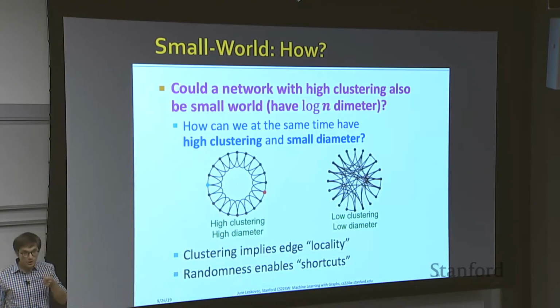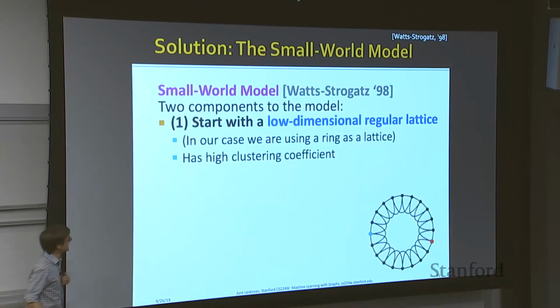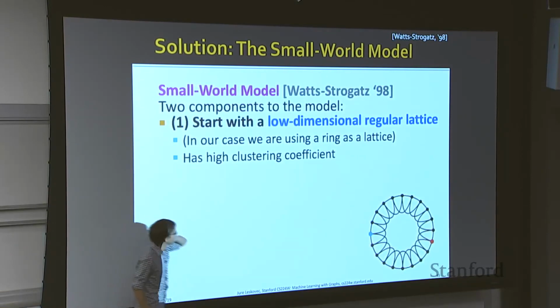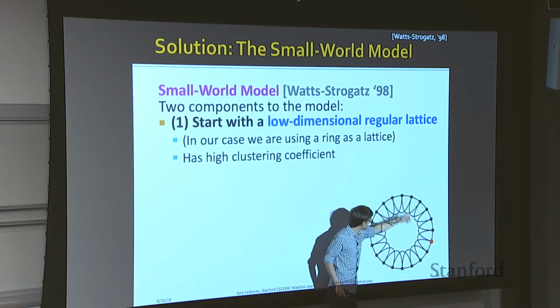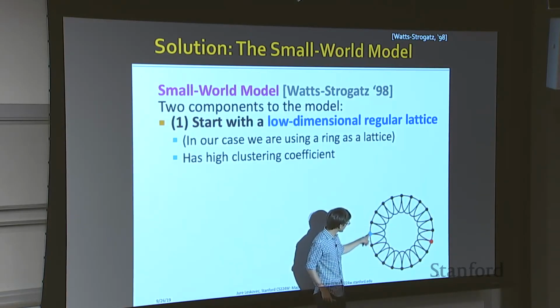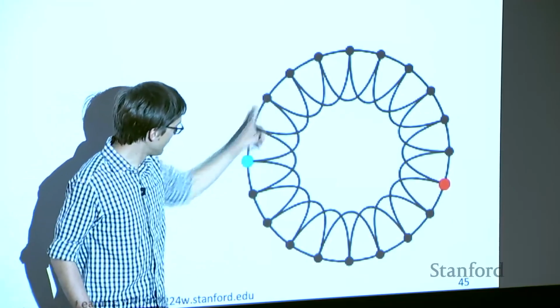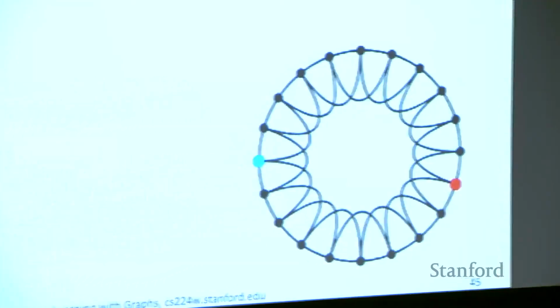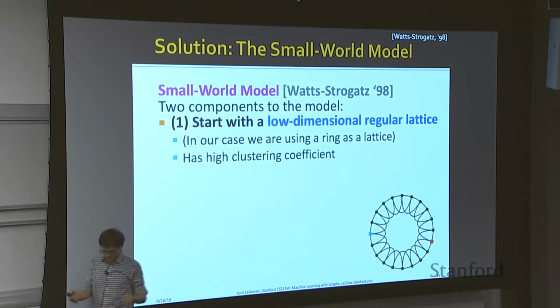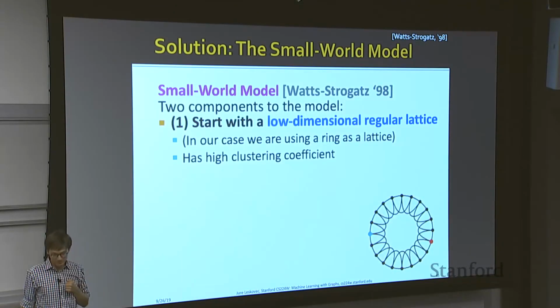And the solution is a very elegant model, which says, let's start with a low dimensional regular lattice. So in our case, this would be nodes on a circle where every node links to the two friends next to it, plus friends of friends. Okay, so this will now have a high clustering coefficient because basically this has a clustering coefficient of 1.